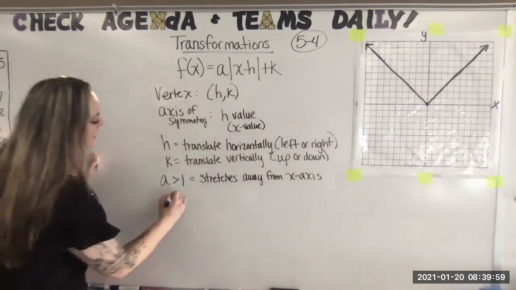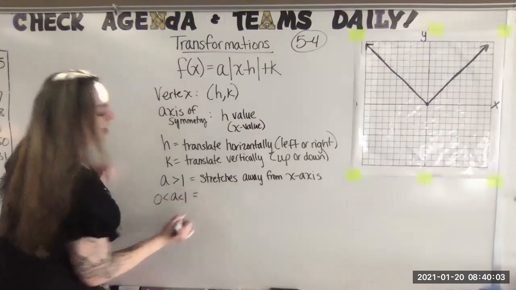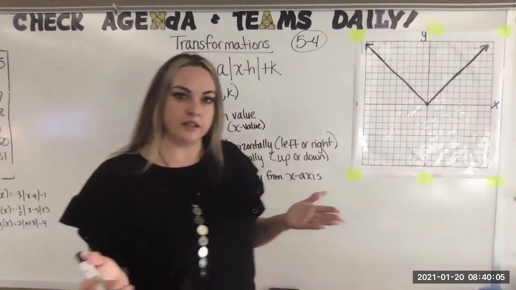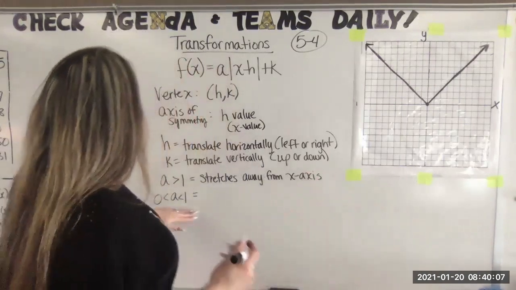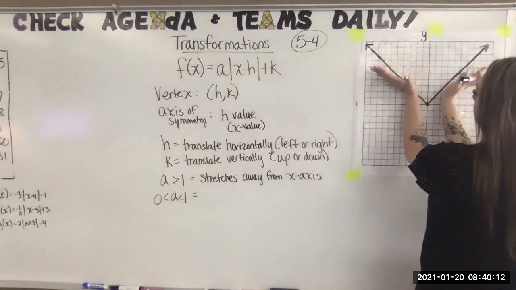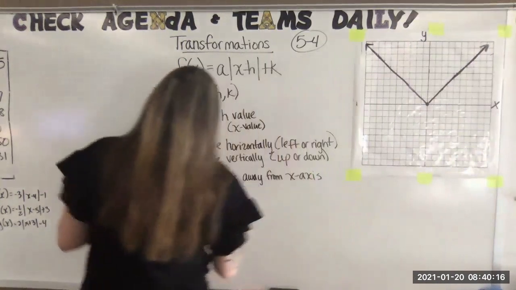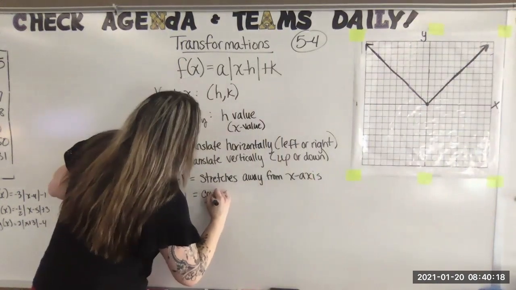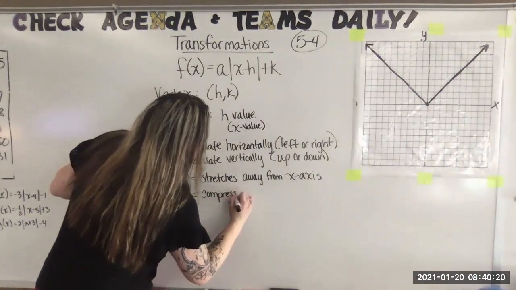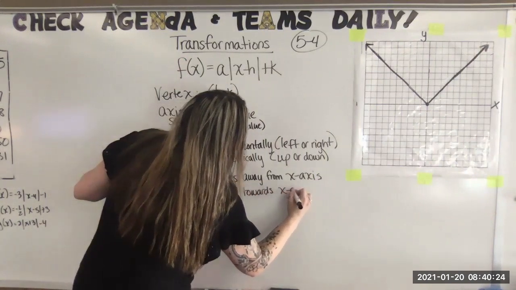Now, if a is larger than 0 but less than 1, so now we're thinking fraction numbers, then it's going to compress, because it's going to become wider and compress towards the x-axis.